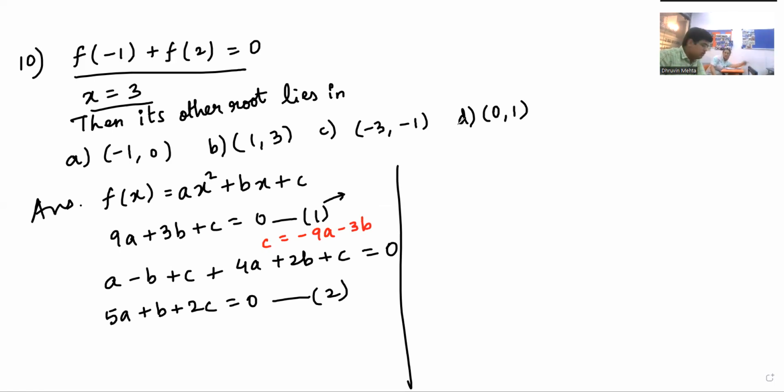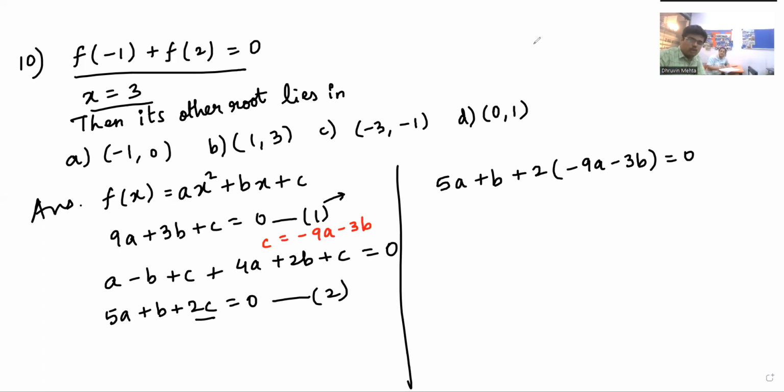We'll convert this into a problem with two variables. Now substitute c over here: 5a plus b plus 2 into (-9a minus 3b) is 0. Solve this and tell me the ratio of a and b.